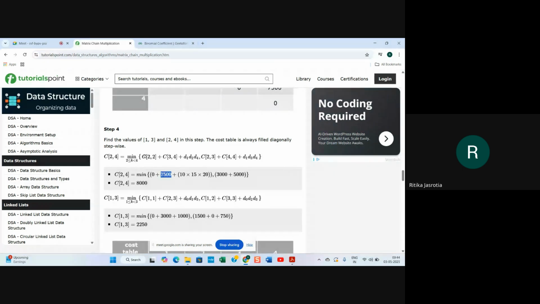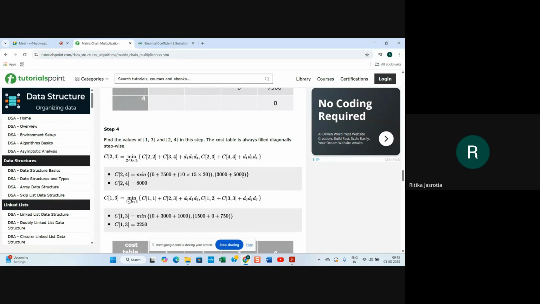So they are saying either you can find this one or you can find this one, whichever gives you the least value. 10 into 15 into 20 is 3,000, and 3,000 plus 7,500 is 10,500.